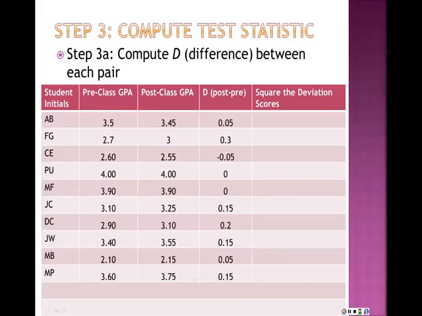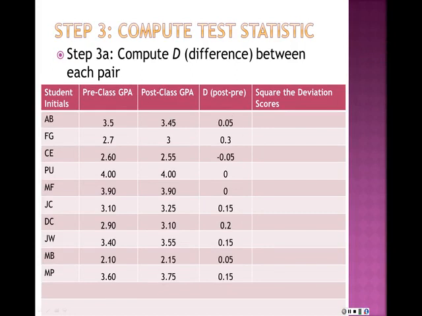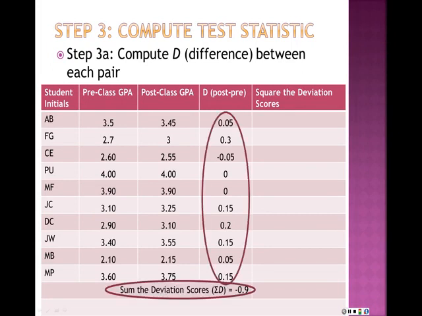And we do that because we're interested in looking at change over time, right? So in this case, we take the post score minus the pre-score to give us our D-score, or our difference score, our deviation score.